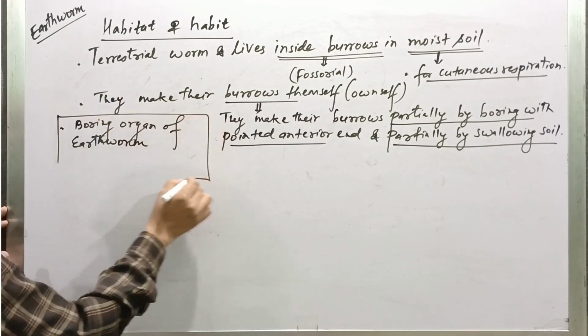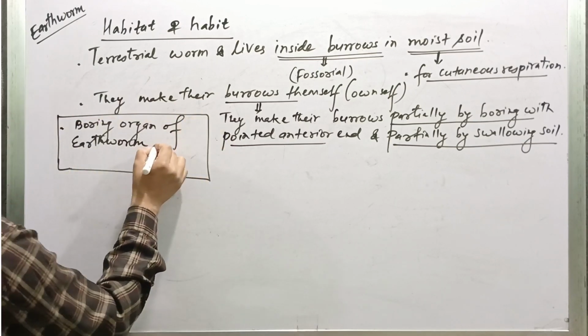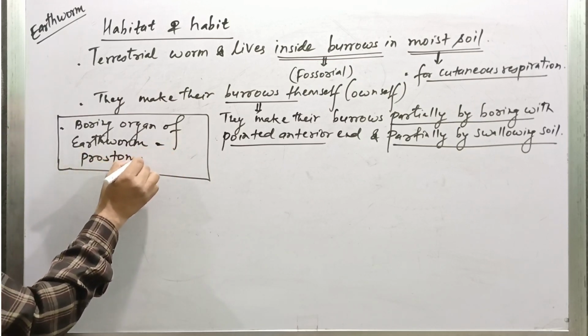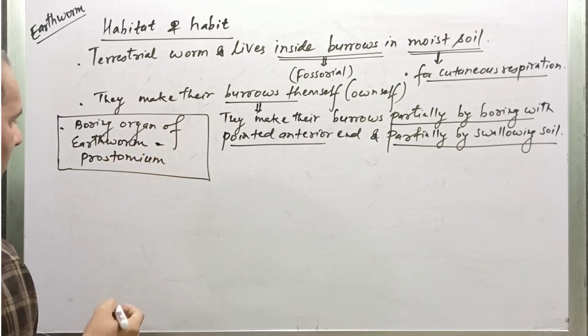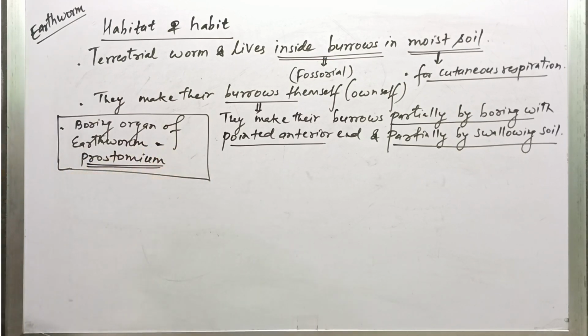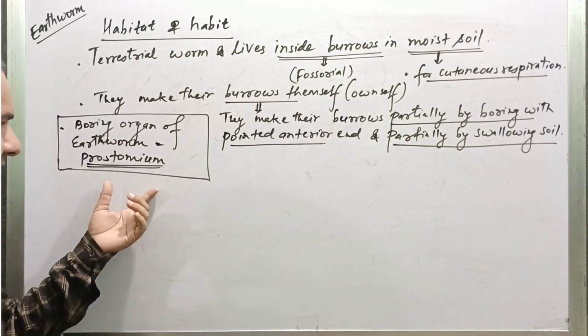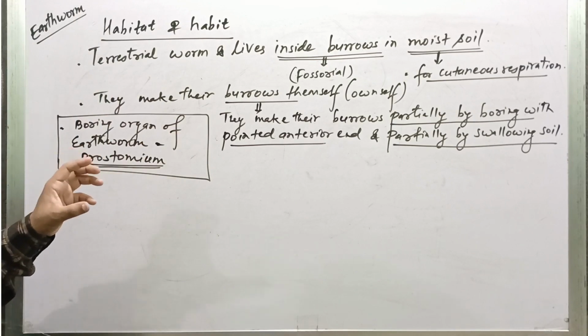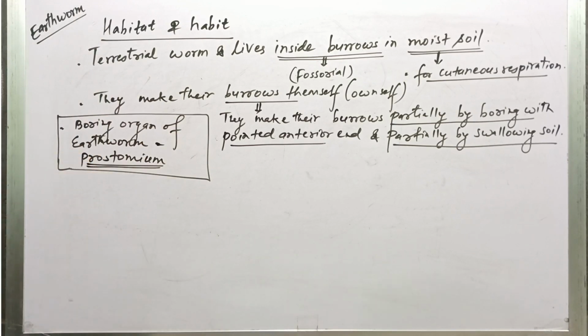Which is the boring organ of earthworm? The boring organ of earthworm is prostomium. What is prostomium? We discuss about it in its morphology. It is a small fleshy projection which is present in the first segment.